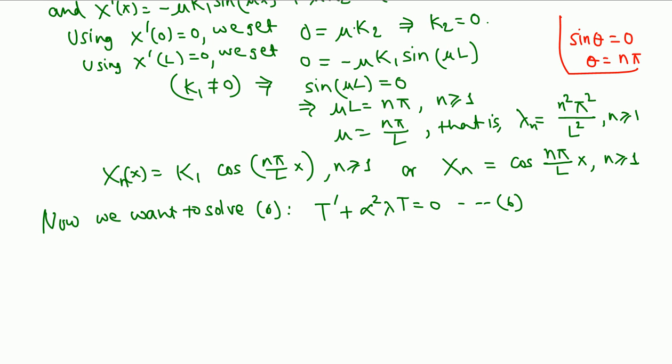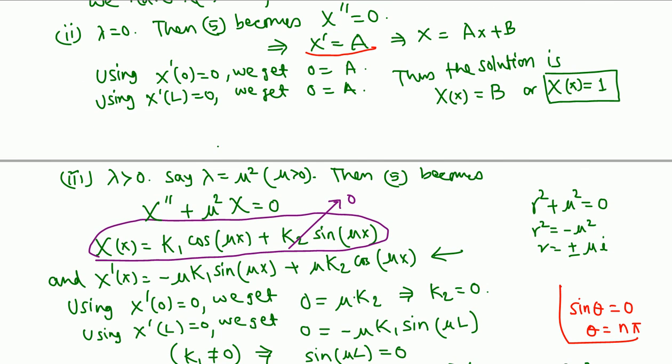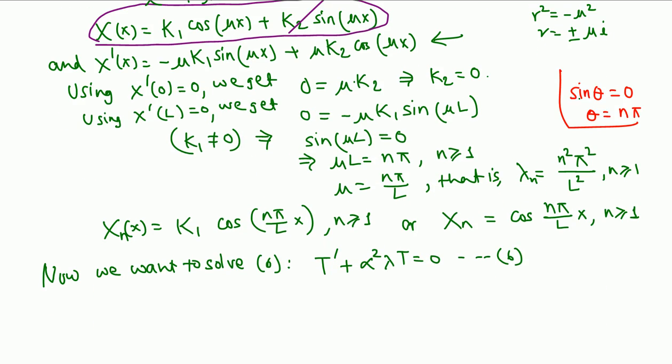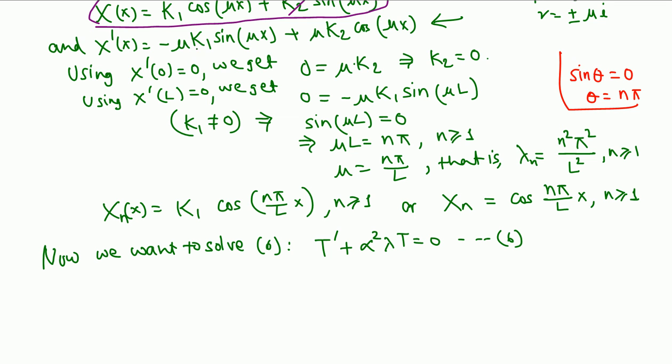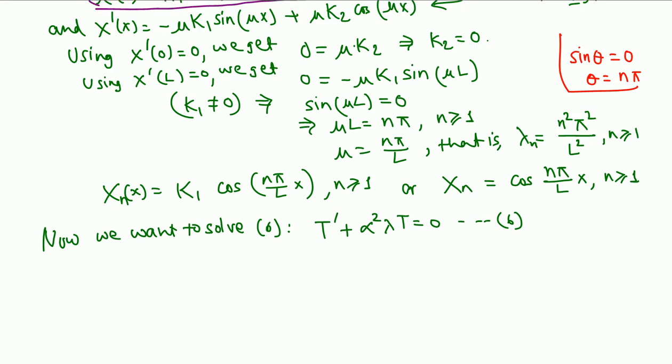So if we go up, we found that when lambda is 0, we get a non-trivial solution, which is just a constant, but it's still a non-trivial solution. And we know that when lambda is positive, but specifically n square pi square over L square, we get a solution. So we have to consider both cases.